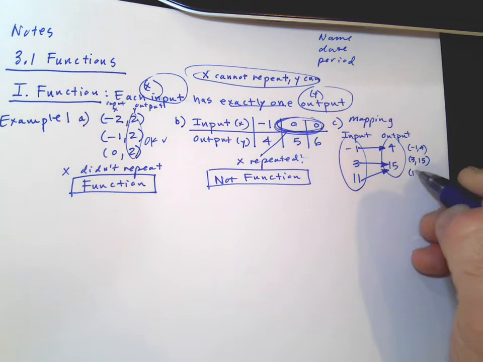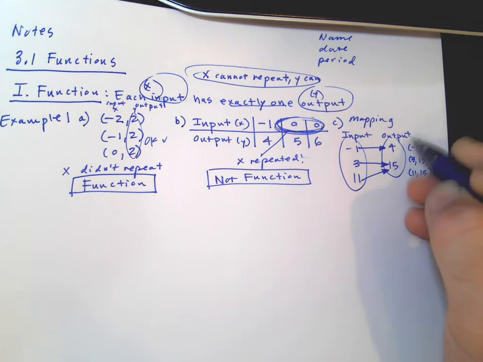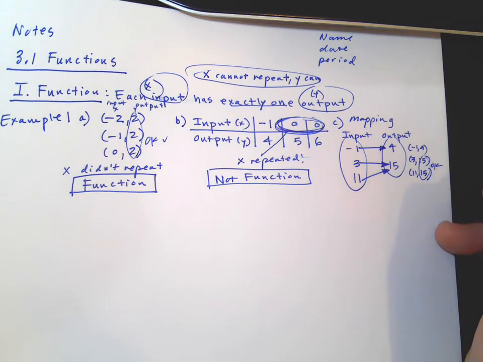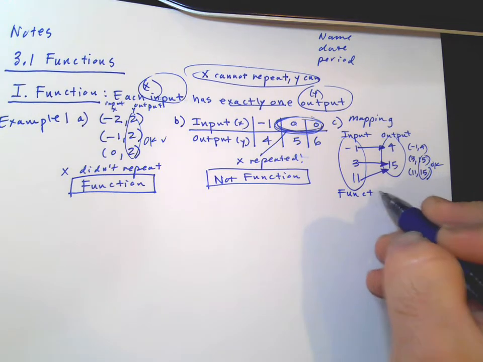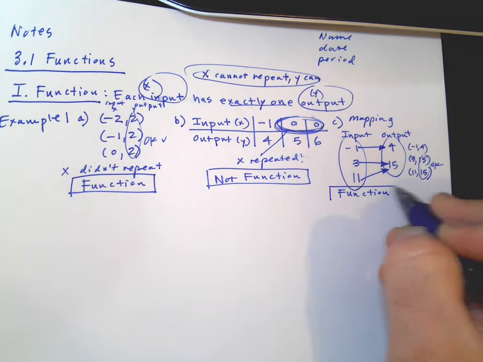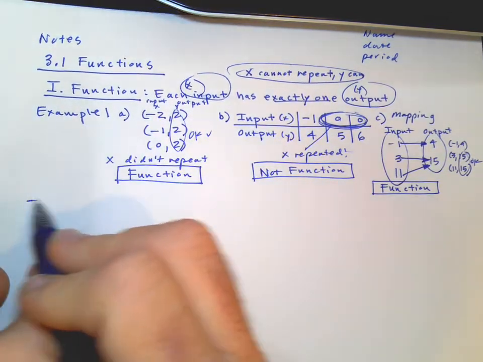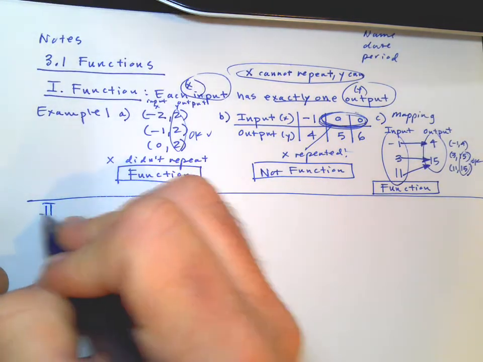And then -11, 15. Okay? There are no repeated x's. That's good. There is a repeated y. That's okay. We can have repeated y. So this is a function, that passes it. Okay? So pause the video if you need to at any point to copy down what I'm writing down.